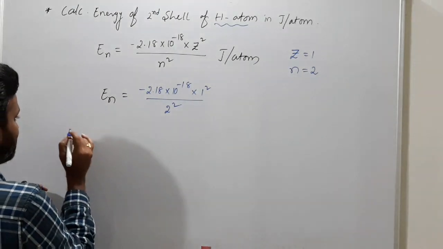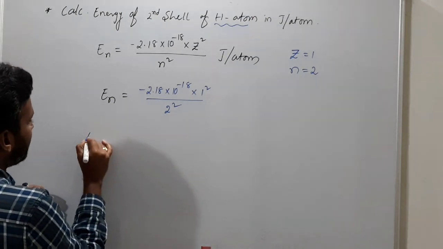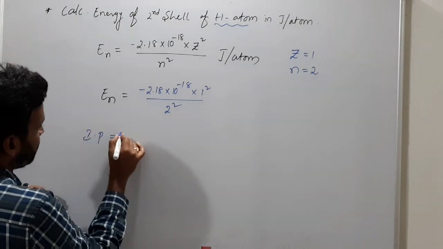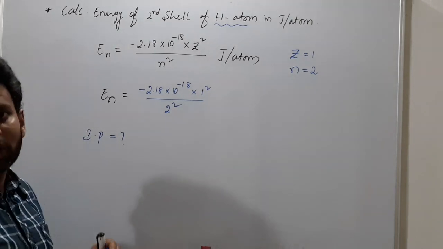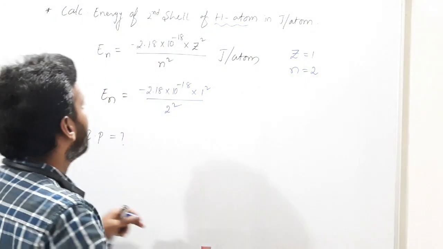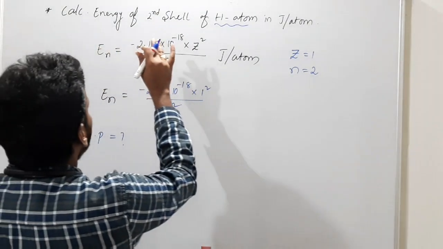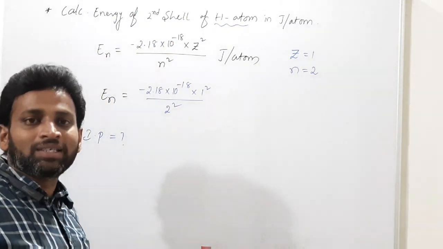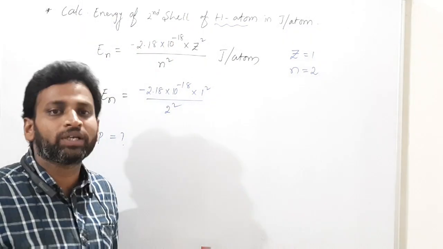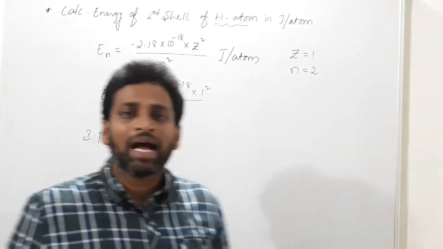Suppose for the same numerical, calculate ionization potential. What is ionization potential if they are asking? Instead of calculating energy, if they are asking to calculate ionization potential, it's very simple.